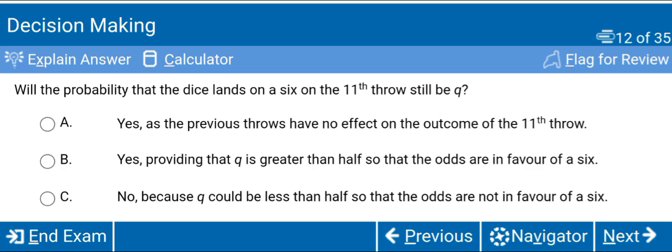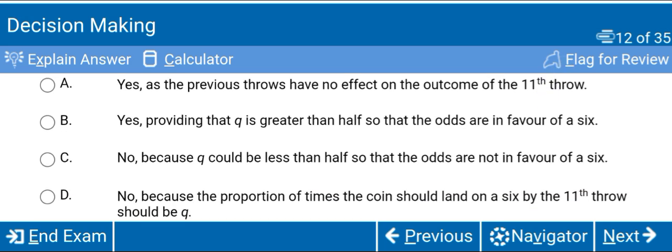Option C, no, because Q could be less than half so that the odds are not in favor of a 6. Option D, no, because the proportion of times the dice should land on a 6, but the 11th throw should be Q.